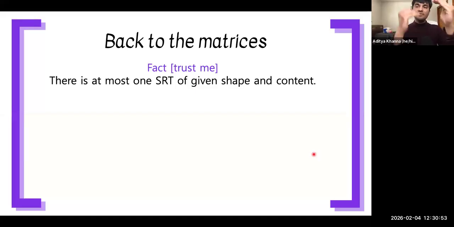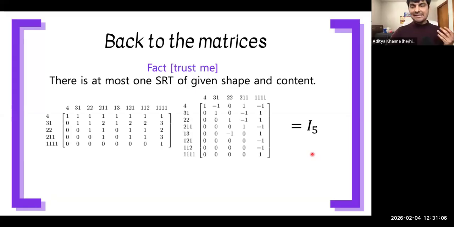If you can always add, then it works. Great, there is one of that. But if you cannot, it just doesn't work. So there is at most one, it either works or it doesn't work.